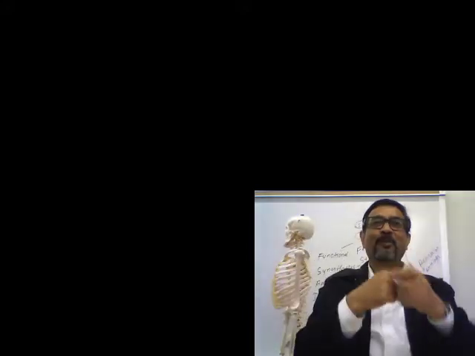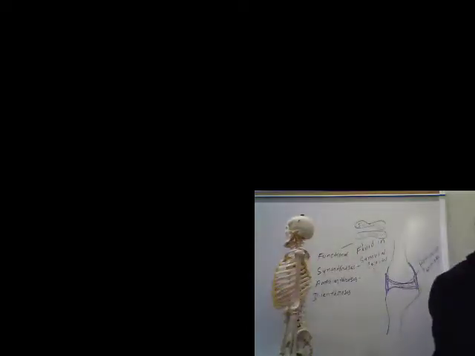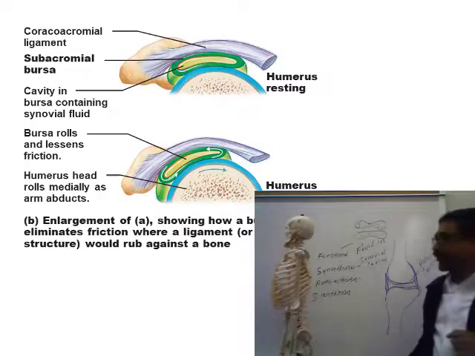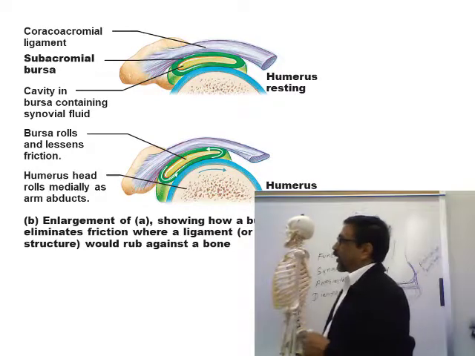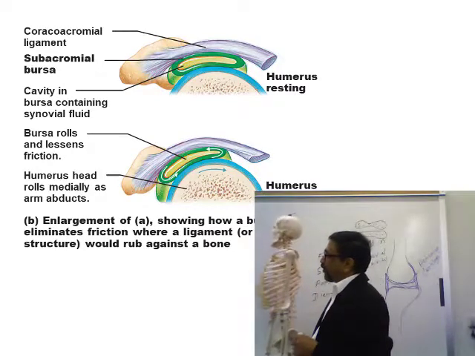It's like a ball filled with water, so it rolls like this and reduces the friction. Number 2, it increases the mobility, the movement. So the movement gets faster. Those are 2 important functions of bursa.